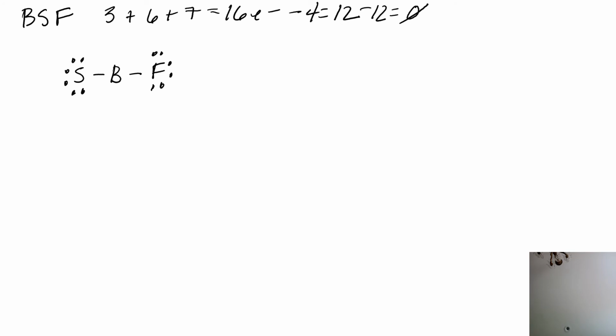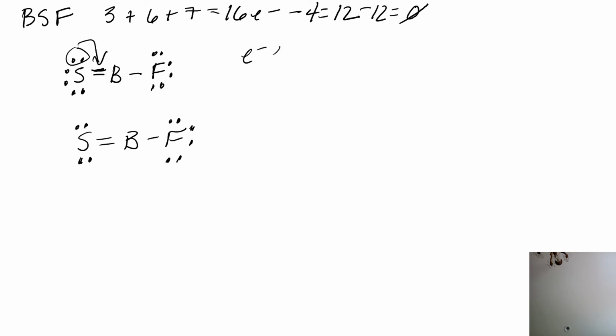Remember, halogens form only one bond unless they're in a polyatomic ion. So fluorine will not double bond with boron, but sulfur will. So we have S, double bond B, F, and this is our structure.